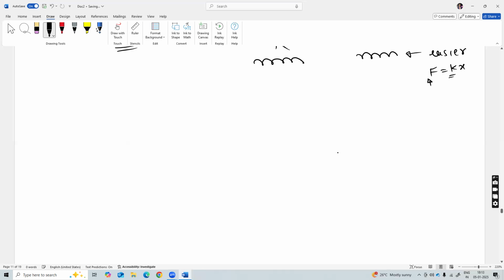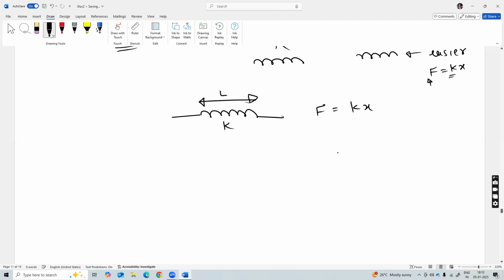So let's say you have a spring with initial length L and spring constant K. In this case, F is equal to Kx, so you need to apply force F to compress it by length x.